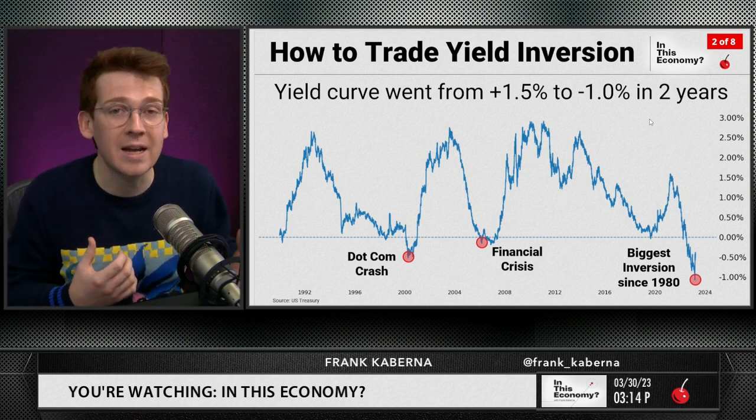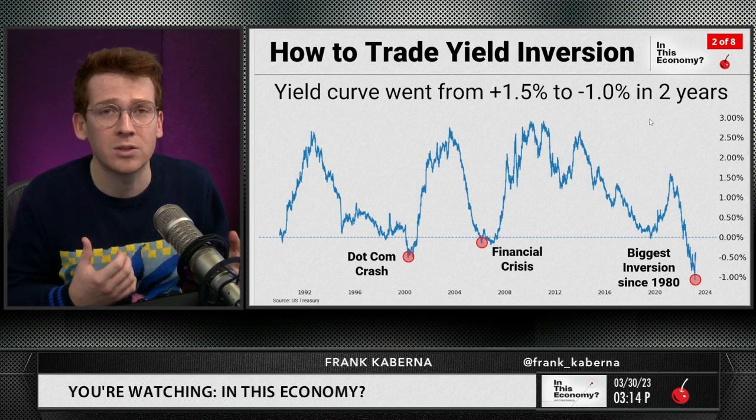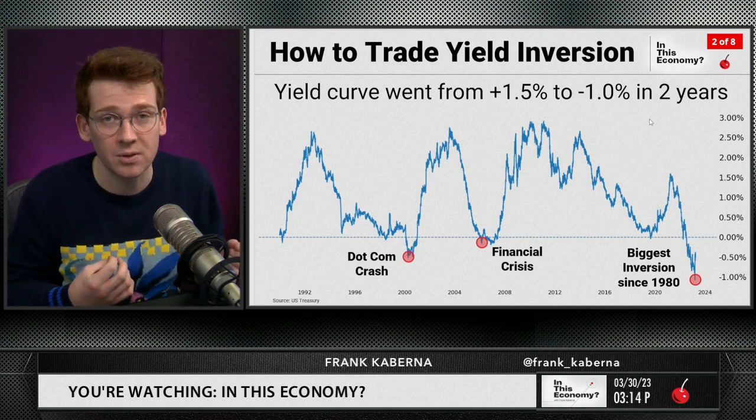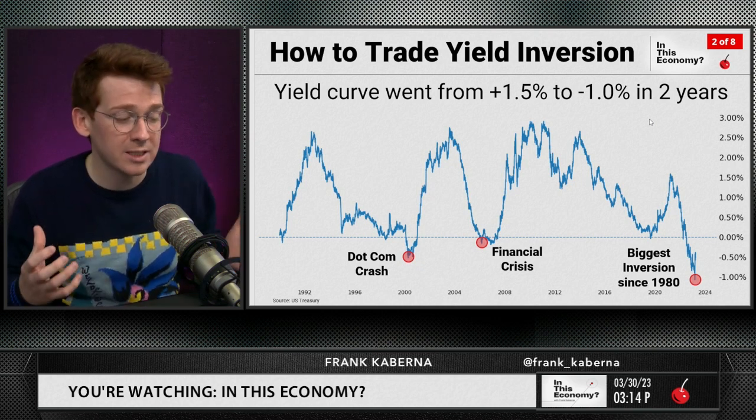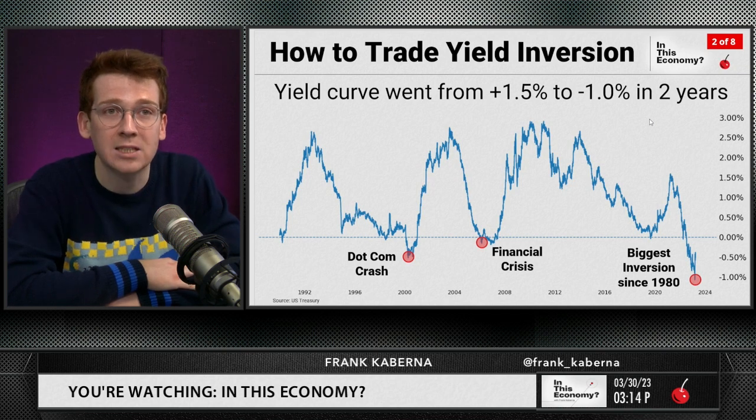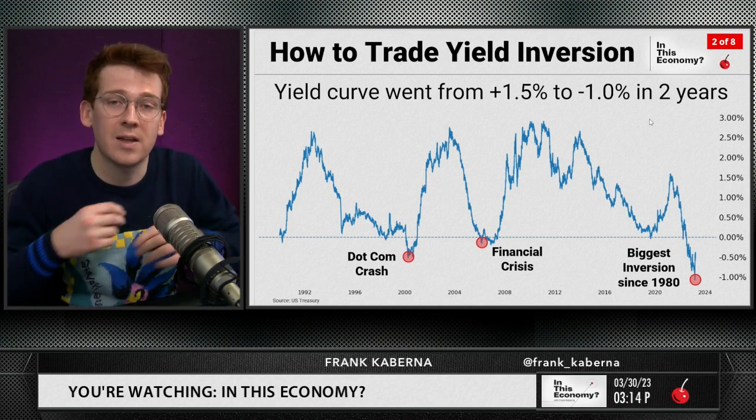Not only have we been negative, my friends, but we got all the way down to negative 100 basis points, a full point of difference, and we were talking about this on the show. This was just a few weeks ago, where we had passed for just a day or two a percentage point of inversion, and that snapped right back.